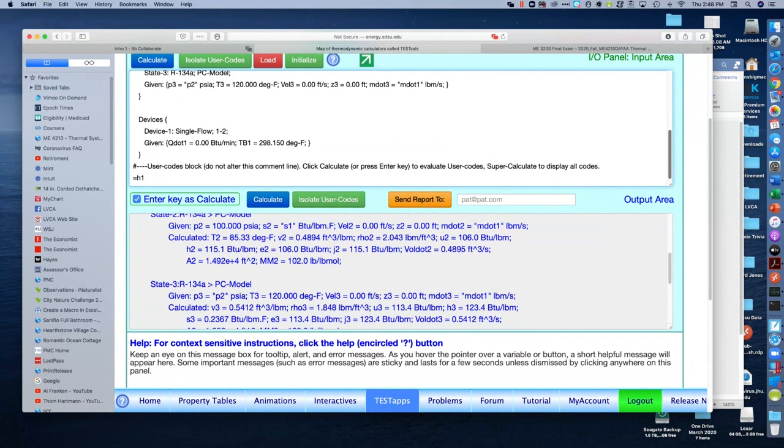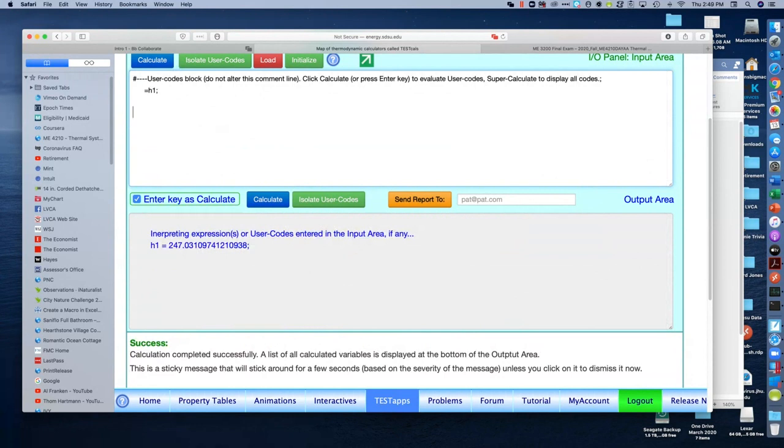All you have to do is type in equals H1, and you'll see that it gives you the value of enthalpy 1. If I also said, let's highlight enthalpy 2, it gives you the value of enthalpy 2. If I wanted to highlight the value of enthalpy 3, you see that that's the value of enthalpy 3.